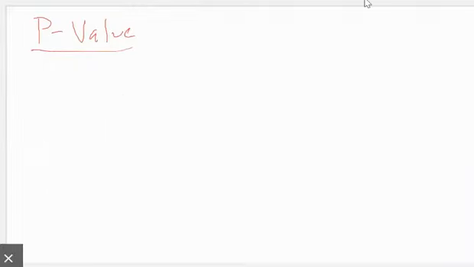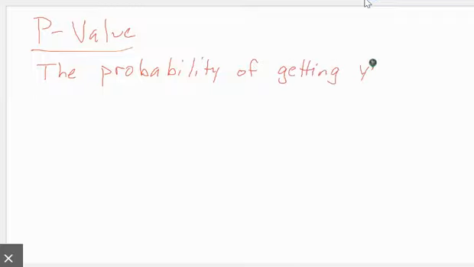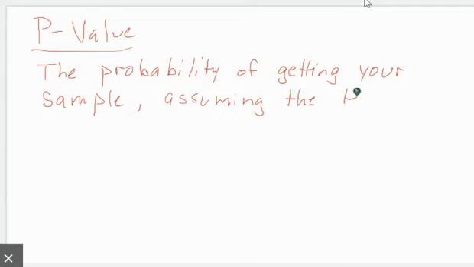And it means this. The p-value is the probability of getting your sample, assuming the null hypothesis is true.